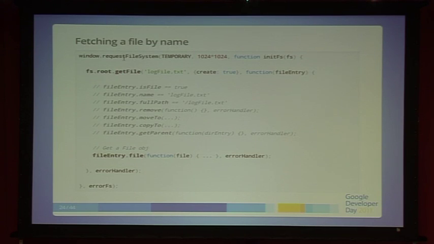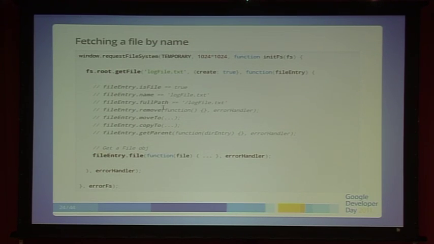So here's a small demo. It creates a new file system, and then in the root directory, creates a new file called logFileText. It's got all these usual native operating system file style properties to the file, like is it a file? Yes, it is a file. What its name is: what we wanted it to be.